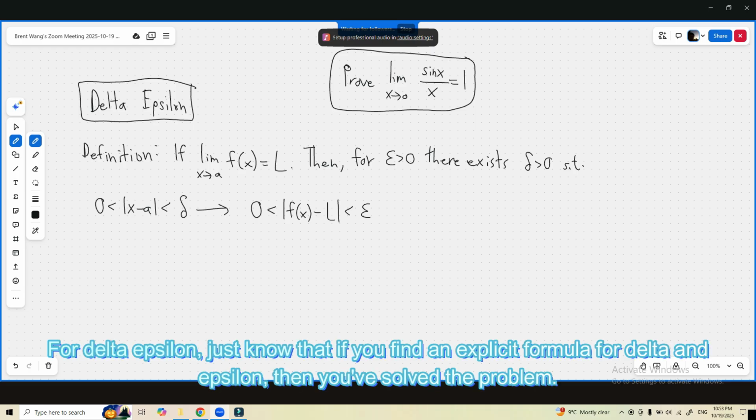It doesn't matter how small epsilon is, you will always find a corresponding delta.